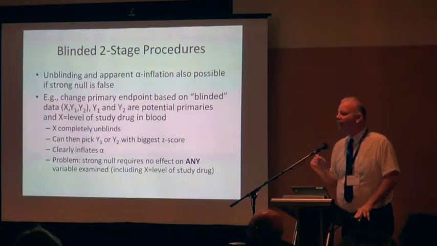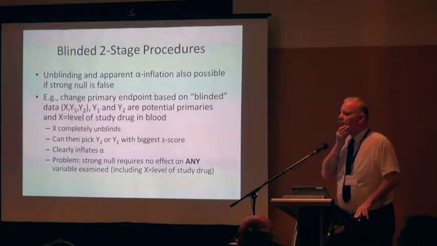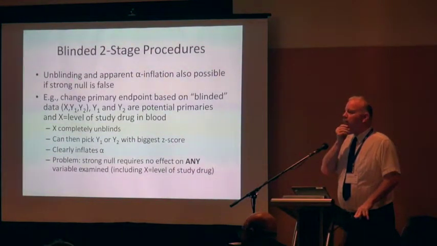I have a question. I think maybe I missed something. I understand how you could get the permutation distribution on blinded data. How do you do the actual test? How can you calculate the test statistic without unblinding?